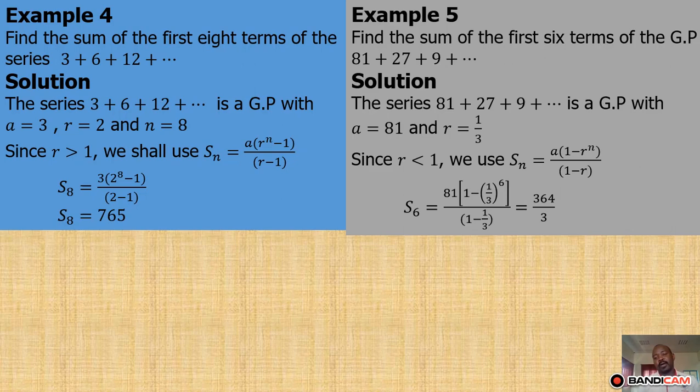Substituting in that expression, we find that S6, which is the sum of the first 6 terms, is equal to 364 over 3. So therefore, the sum of the first 6 terms of the GP 81 plus 27 plus 9 plus ... is equal to 364 over 3.